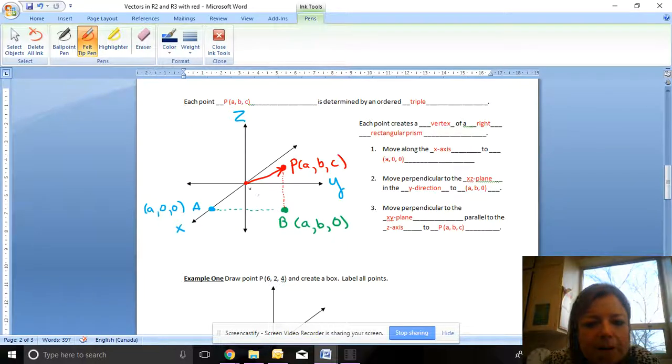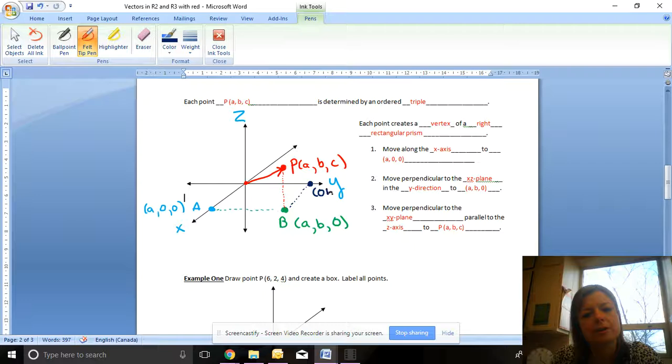What this box does is create a base on the bottom. So from B, I want to move parallel to the x-axis. Again, this is where a ruler helps because you can line it up and then move it over. There you go. So that is the point where all I've applied is the B. I didn't go up or down on the X yet.